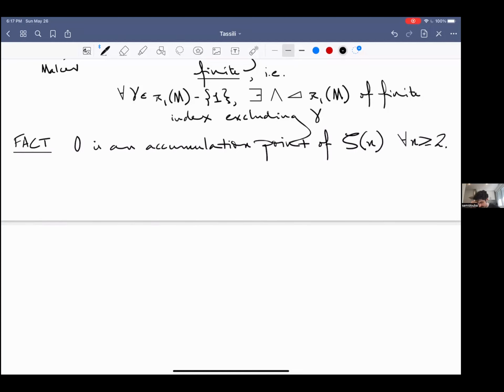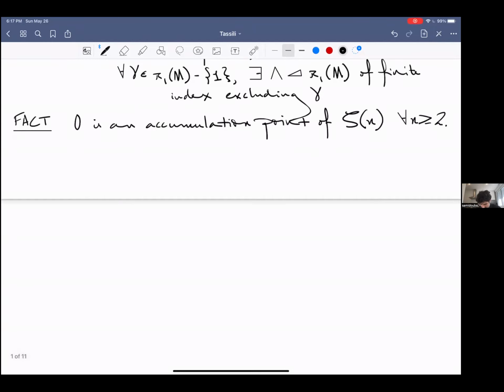This is maybe not immediately obvious even in dimension 2, but let's justify it first of all. What this fact is saying is that there are manifolds of arbitrarily small systole in each dimension.